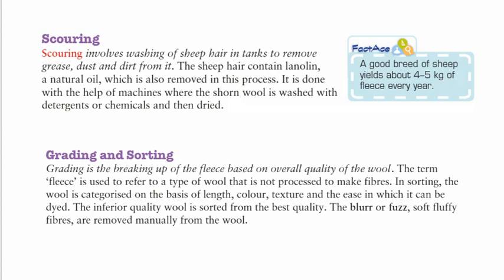Grading is the breaking of the fleece based on the quality of the wool. We all know this when we go into the market to buy any woolen cloth. At that time some woolen clothes are very costly.